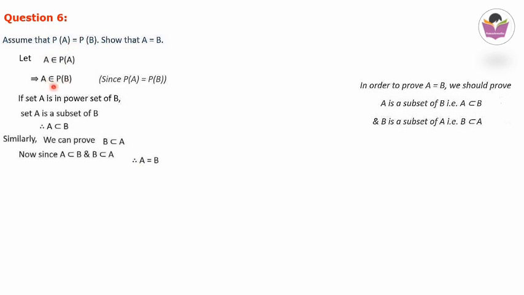A being an element of P of B means A is a subset of B, because P of B is a collection of all subsets of B. So A is a subset of B. In a similar way we can prove that B is a subset of A as well. Since A is a subset of B and B is a subset of A, combined together, it is possible only when A is equal to B. Therefore, we can write A = B.